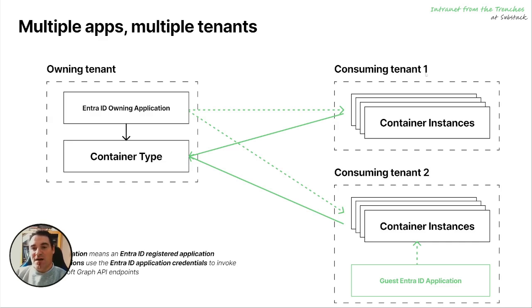And also we can define other kinds of applications that we will call guest applications. You have it here in the bottom of this slide, and this application will only access the container of the consuming tenant. However, the owning application is able to access both tenants.